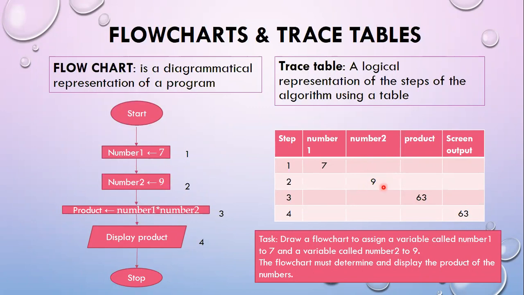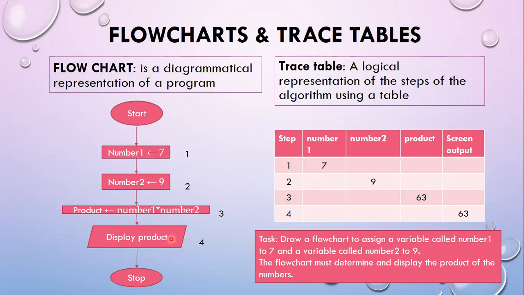Number 2 is assigned to the number 9. Now my calculation that I have to do is going to say number 1 times number 2. The result is going to be my product. Okay, so here in this step I'm going to write the product is 63. So 7 times 9 is 63.